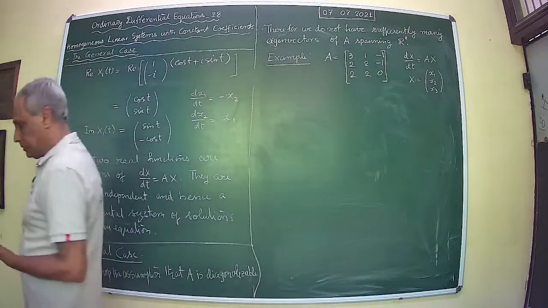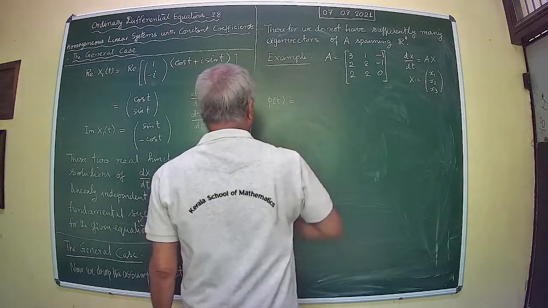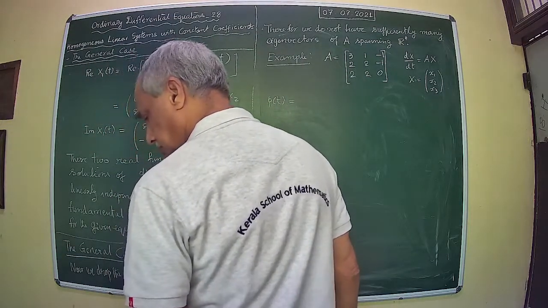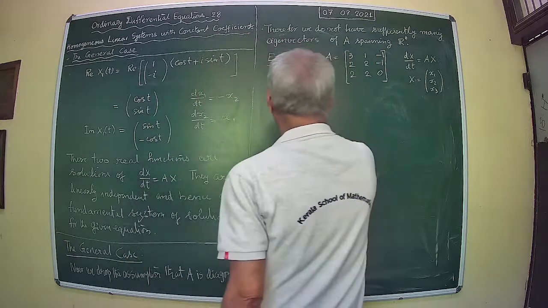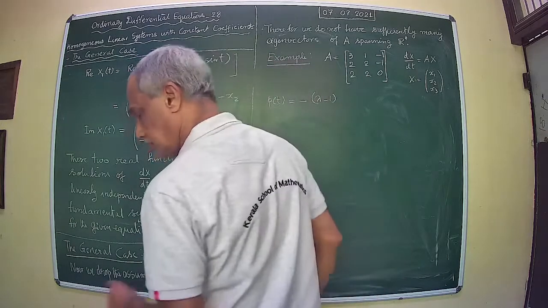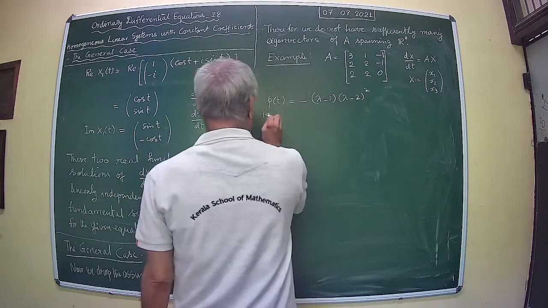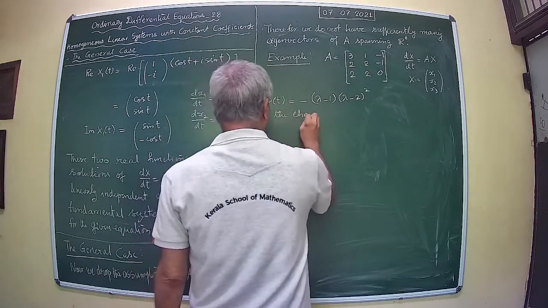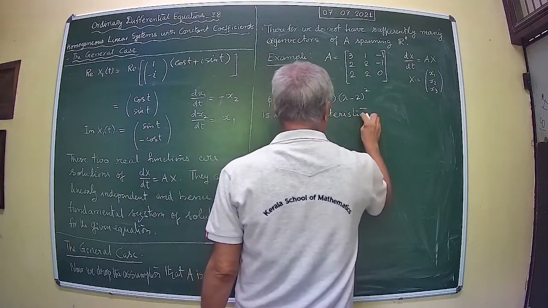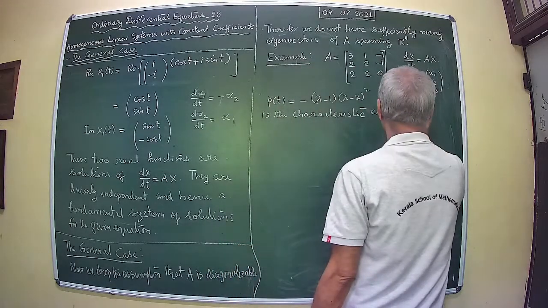So as before, observe that this is the characteristic polynomial of A.